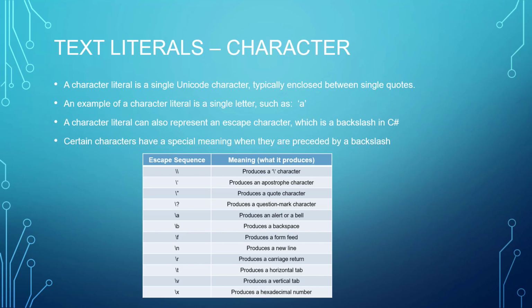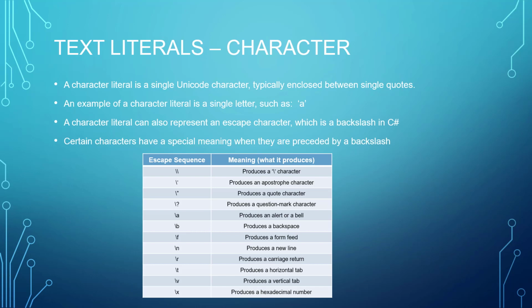Now, a character literal can also represent an escape character, which in C# is a backslash. Certain characters have a special meaning when they are preceded by a backslash. So a backslash is what we refer to as an escape character, and then the character following the backslash has a special meaning. What if you wanted to actually print a backslash to the screen?